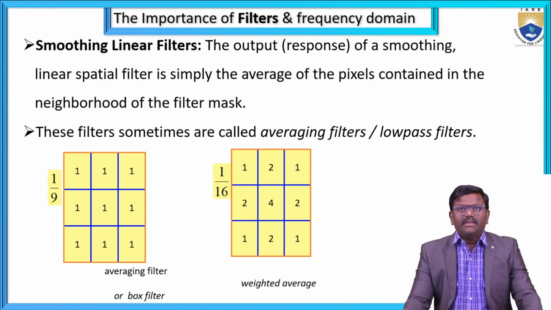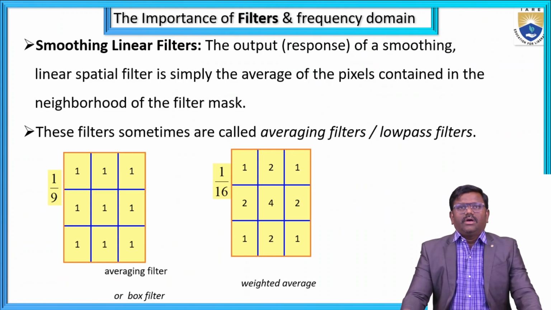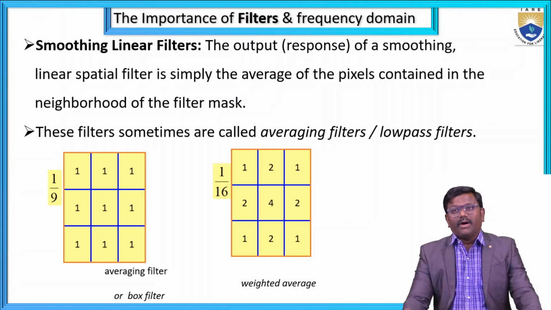So smoothing linear filters: a smoothing linear spatial filter is simply the average of the pixels contained in the neighborhood of the filter mask. These filters are sometimes called averaging filters or low pass filters.